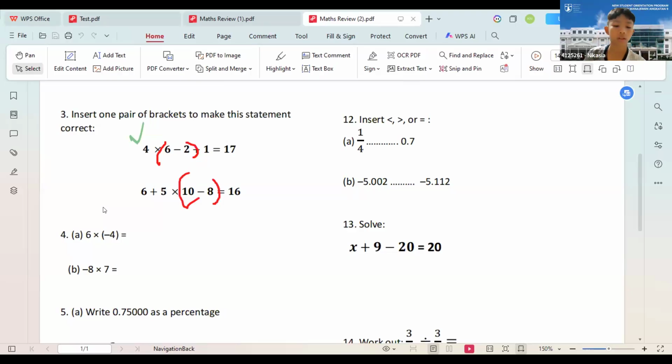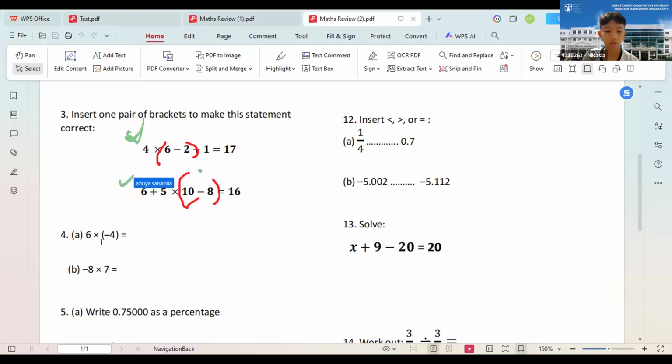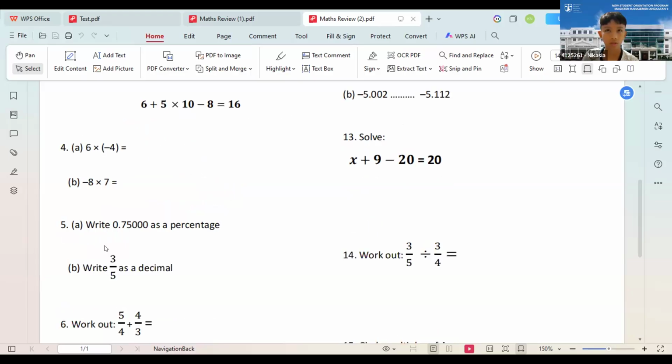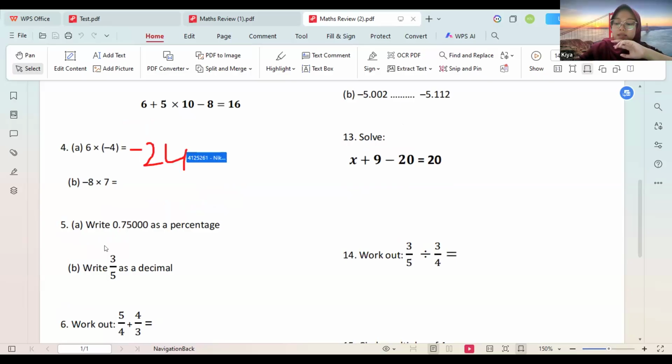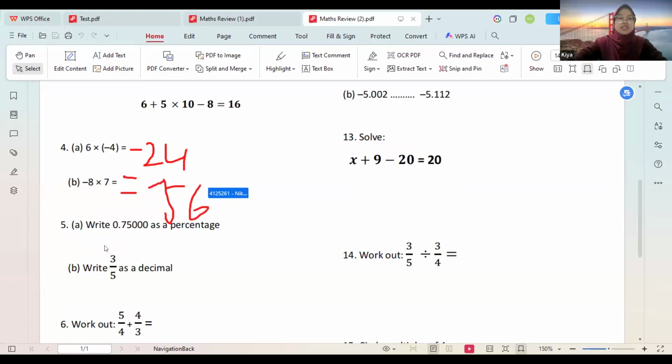Oh yes, perfect. And then 16. Okay, perfect. And then how about number 4? Negative 24. Negative 24. And then how about number B? Negative 56. Okay.